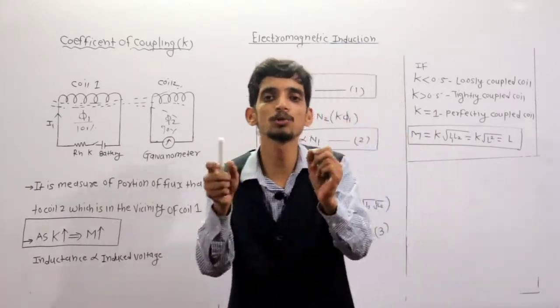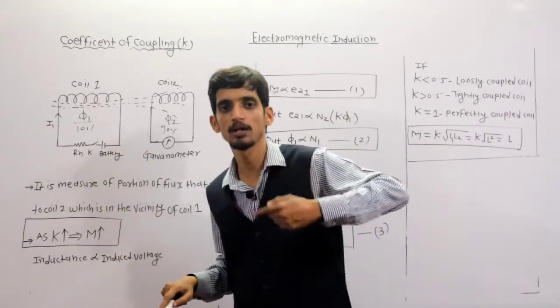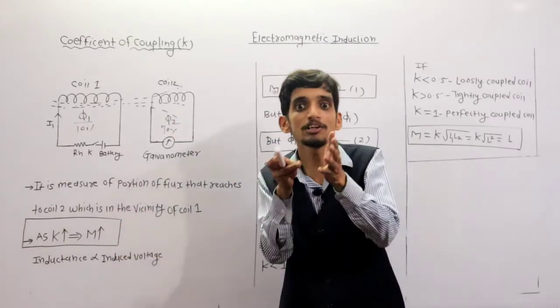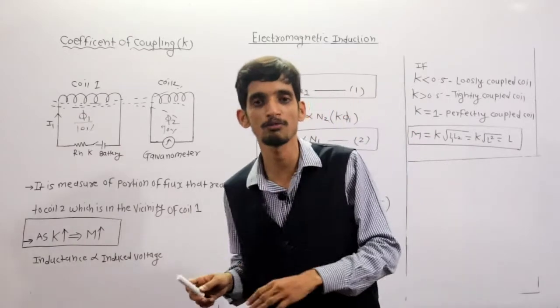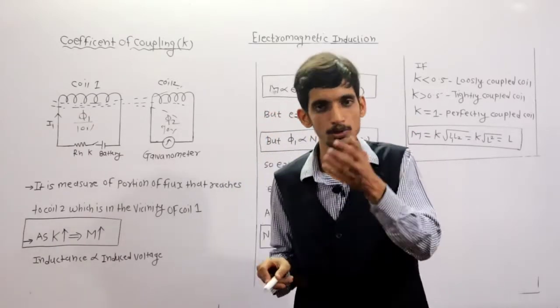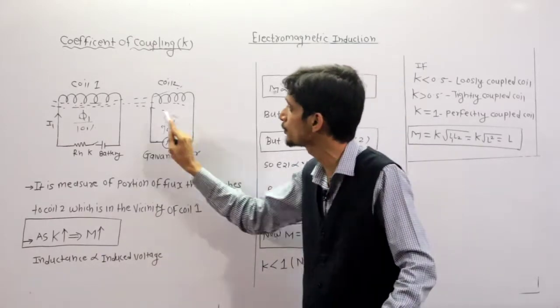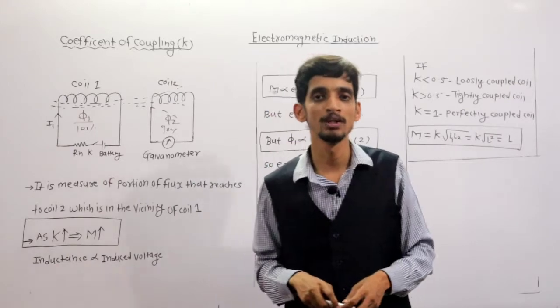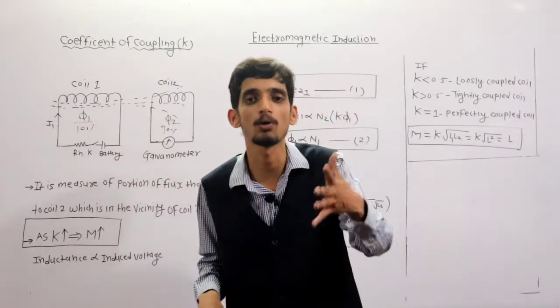As we know, in the mutual induction concept, whenever a current is changing in the first coil, the flux produced in the first coil links with the second coil. How much of the flux generated in the first coil manages to reach the second coil, which is close to the first coil, that measure is called the coefficient of coupling. It means 100% of the flux is not coupled with the second coil.